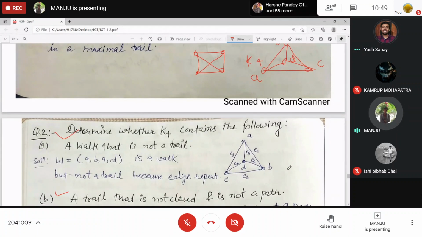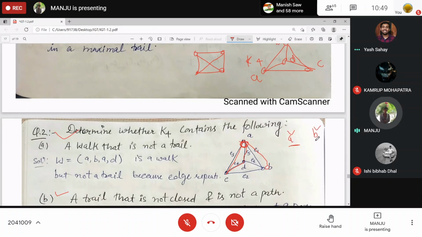A, C, A, C, D, A, D, A, B. So this is the trail where you are only repeating the vertex, not the edges, and A is the first endpoint, and at B it is ending, right?